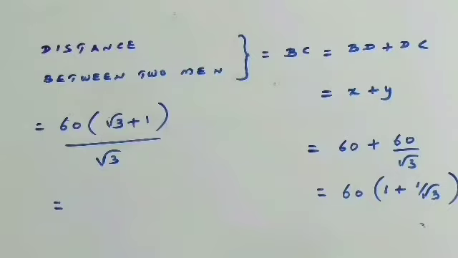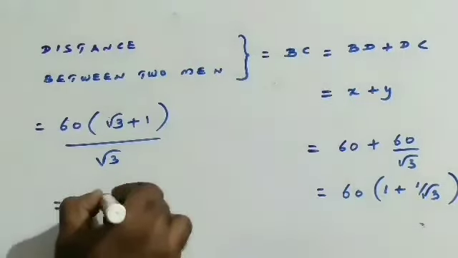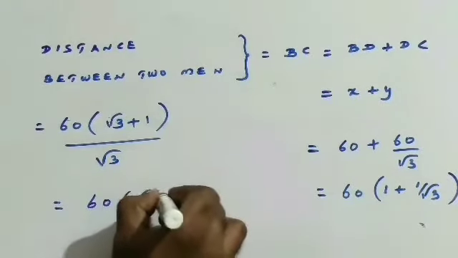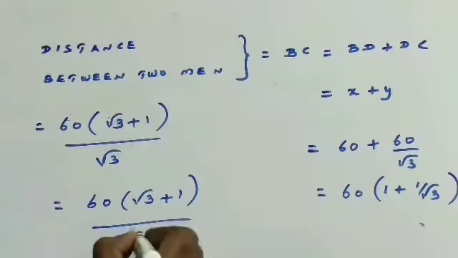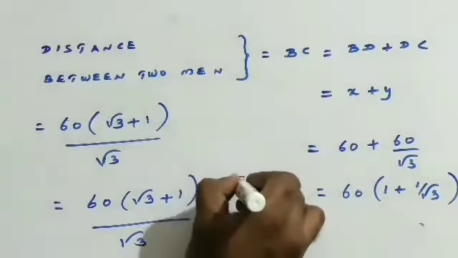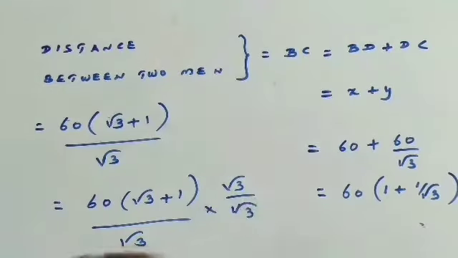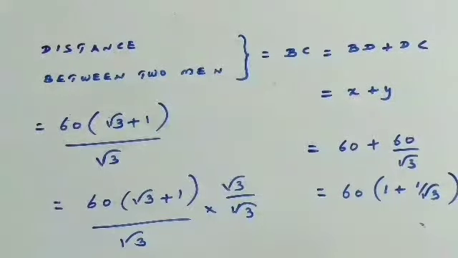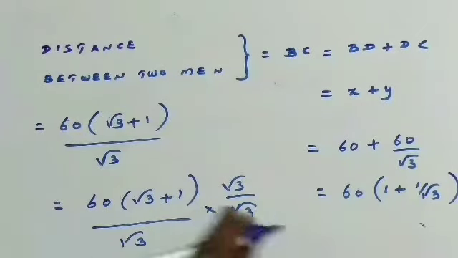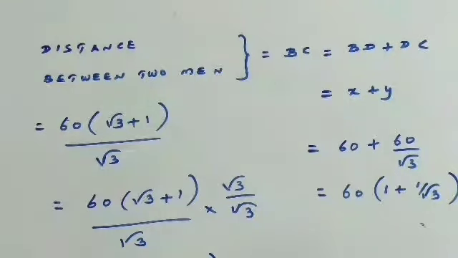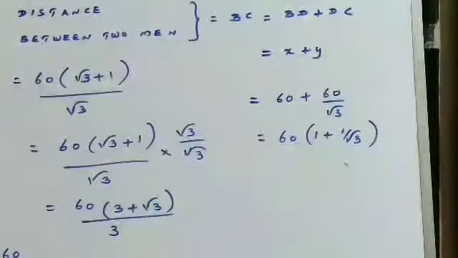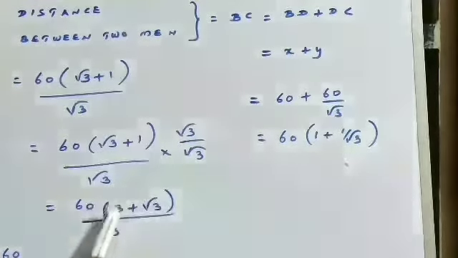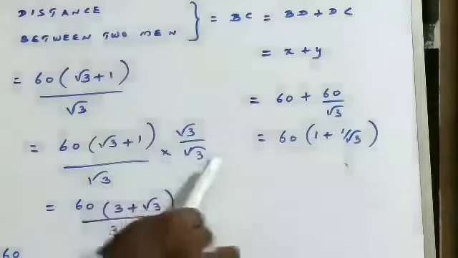So multiply numerator and denominator by root 3. 60 into root 3 plus 1 by root 3, into root 3 by root 3. 60 into root 3 into root 3, that is 3, plus 1 into root 3, root 3. By root 3 into root 3, 3.